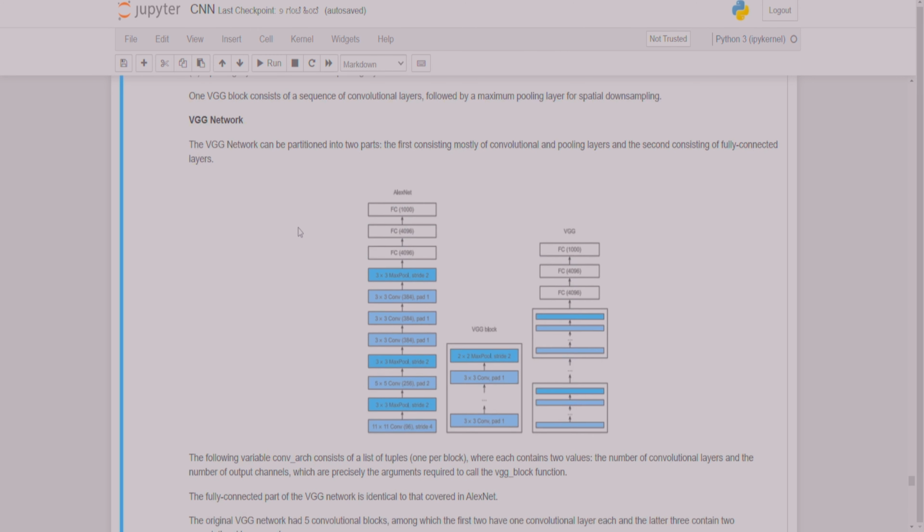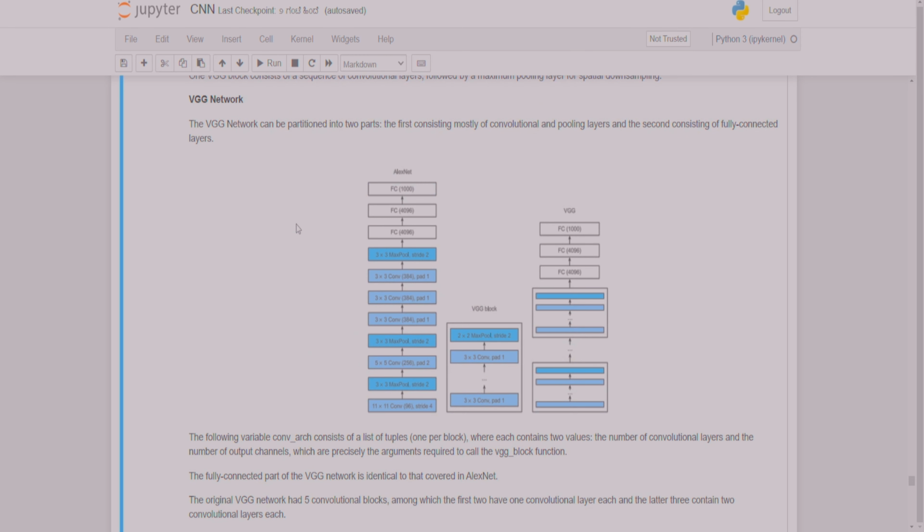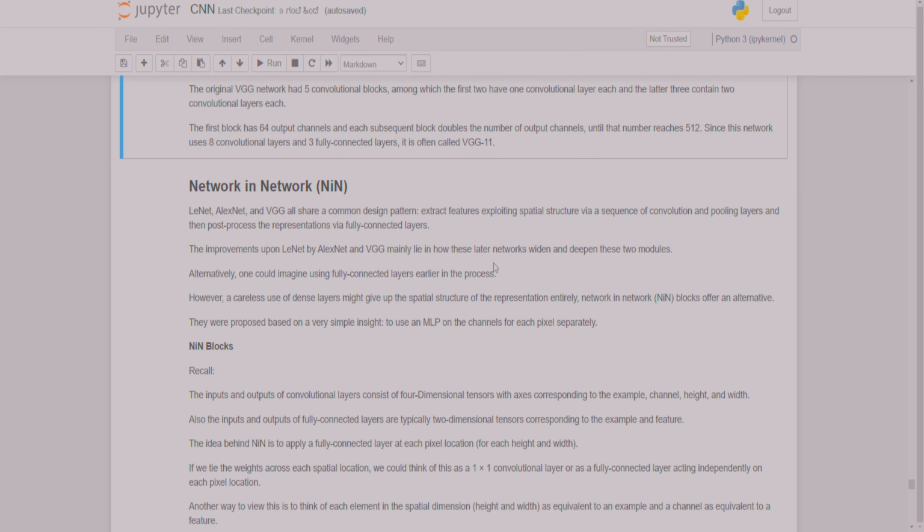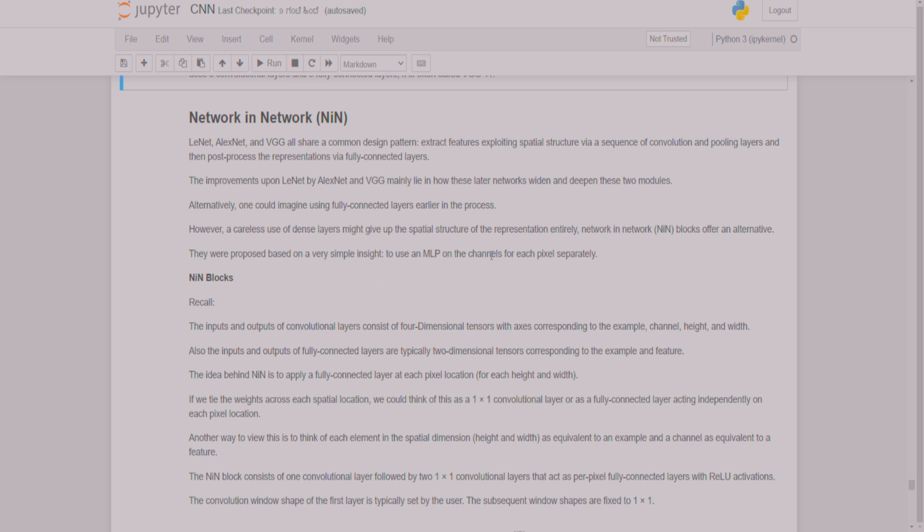After the VGG, we'll move on to the next type of network, which is called the network in network.